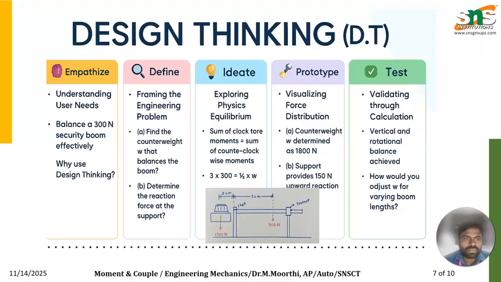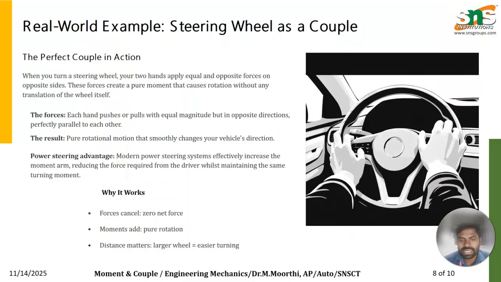Both are vector quantities. They produce rotation, either clockwise or anti-clockwise, depending on which side of the reference point the force is acting, and also on the distance between the force and the reference point.